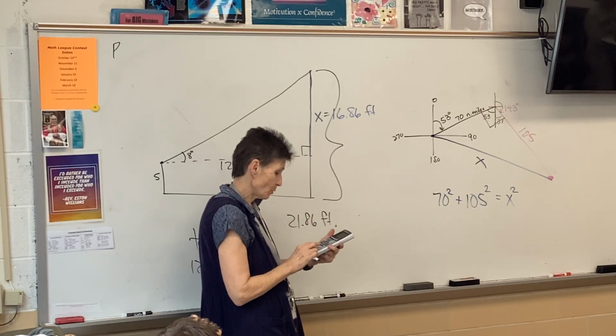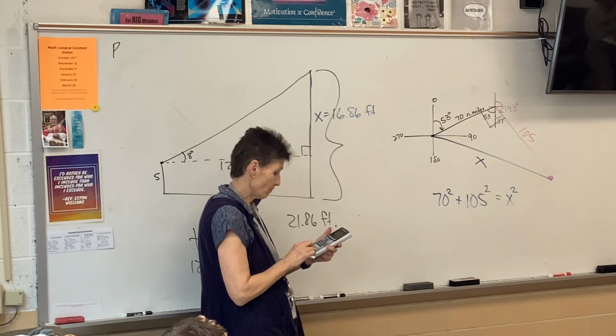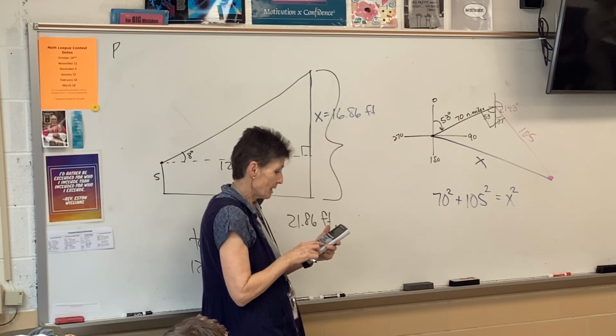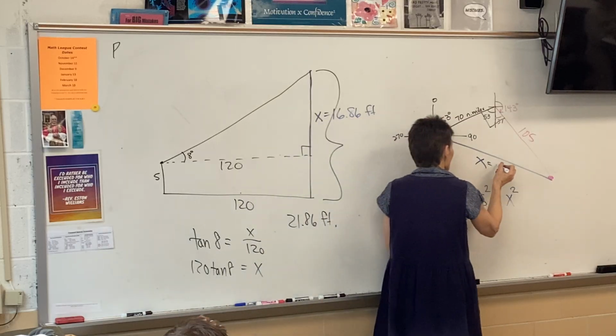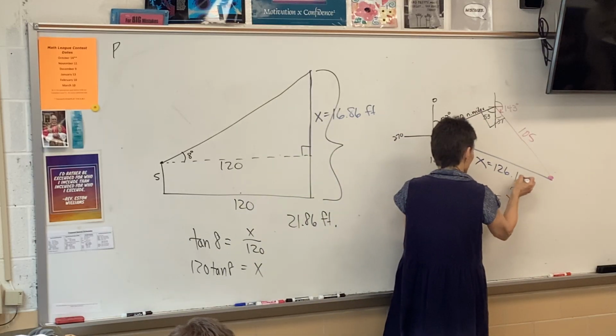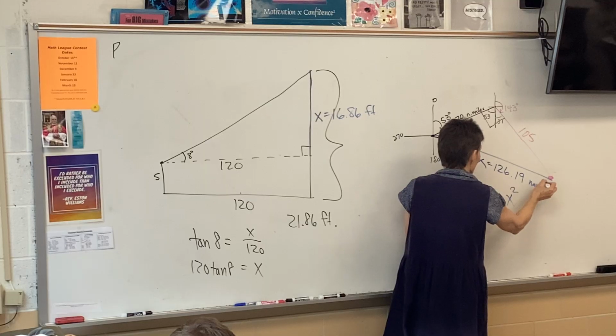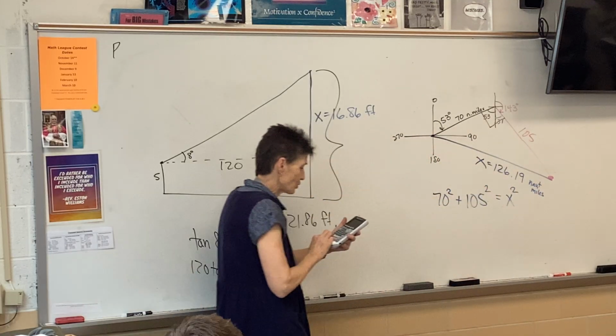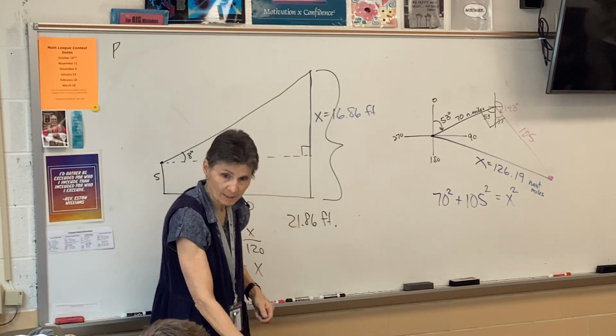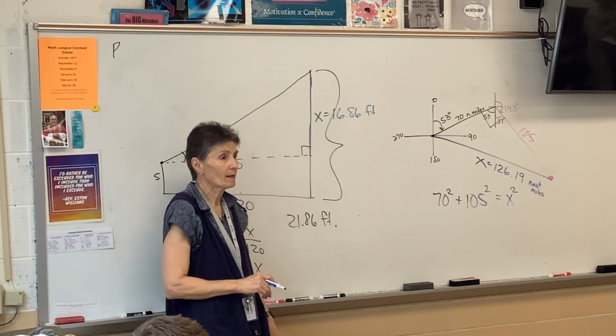So 70 squared plus 105 squared, and then I'm going to square root that. I got 126.19 nautical miles. So how far is our ship from where he started? 126.19 miles.